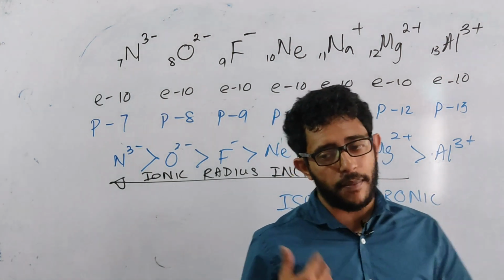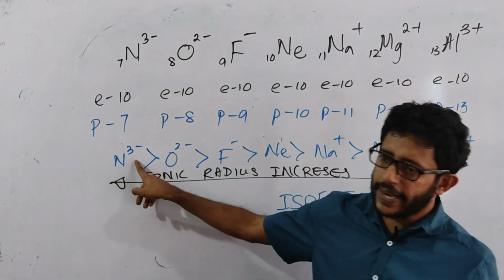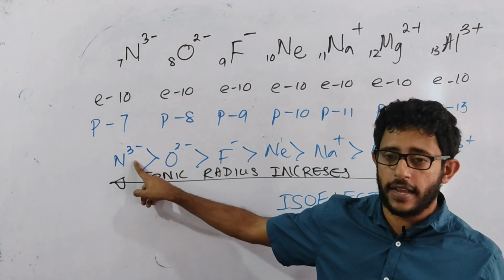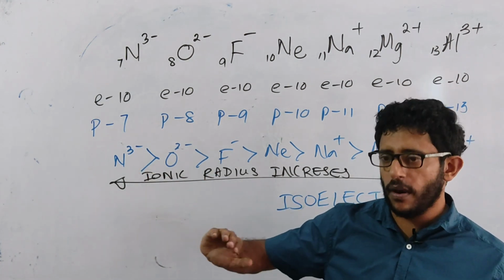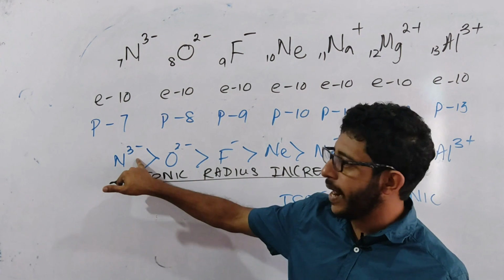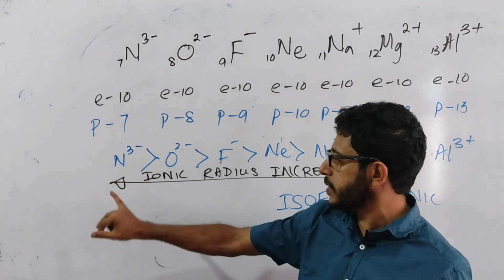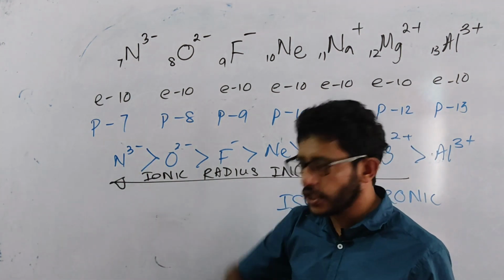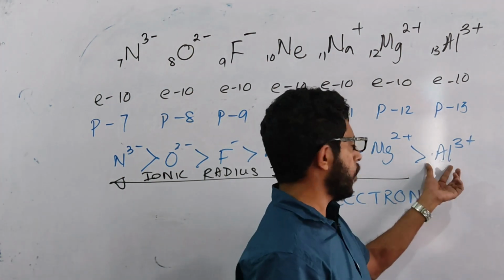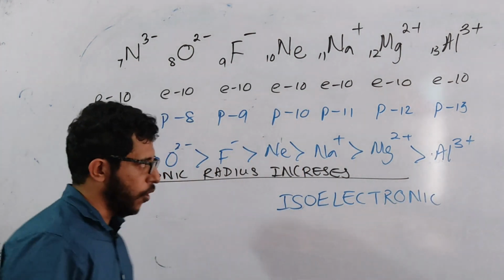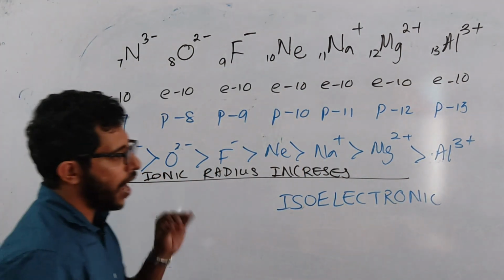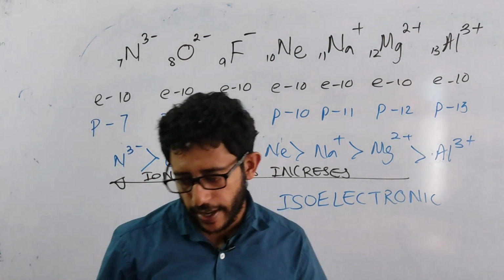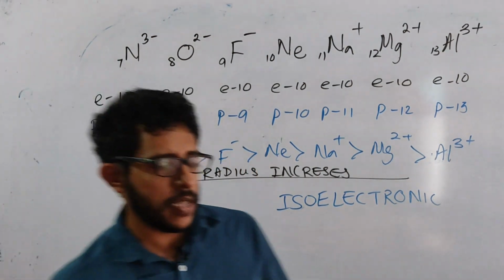I remember this one like negative ion, anion. If something is more annoying, larger the trouble. So larger the annoying, larger the trouble. Likewise, larger the anion, larger the radius. So obviously the opposite: larger the cation, smaller the radius, right?